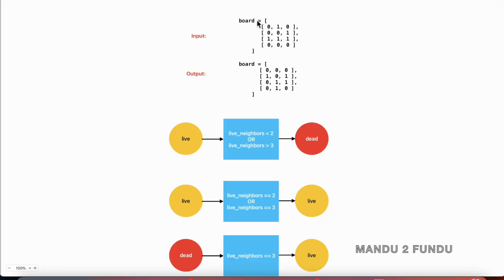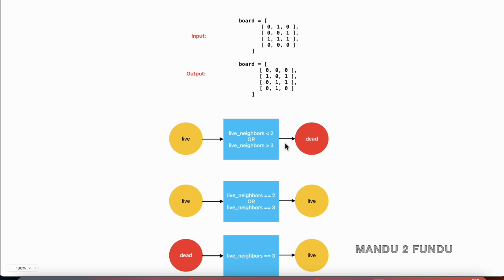We are given a board with a 4 by 3 grid of cells, and all the cells' next state will be 0 0 1 0 1 0 1 1 0 1 0. So the current cell state will be changed based on these rules. For any given live cell, if it has fewer than 2 live neighbors or more than 3 live neighbors, it will become a dead cell.